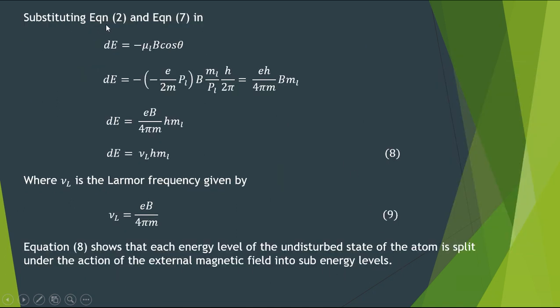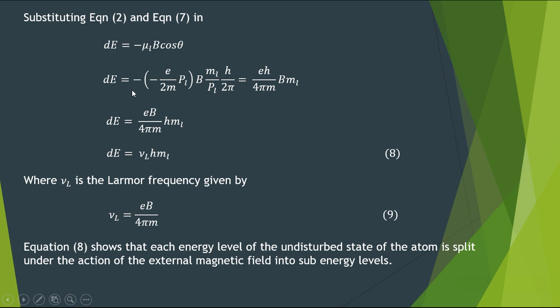Now, substituting equation 2 and equation 7. Equation 2 is the equation for magnetic moment vector, and equation 7 is the equation for cos theta. Substituting both the equations in dE is equal to minus mu L B cos theta, this term inside the bracket represents mu L and this term represents cos theta.